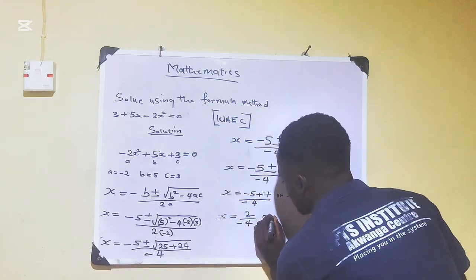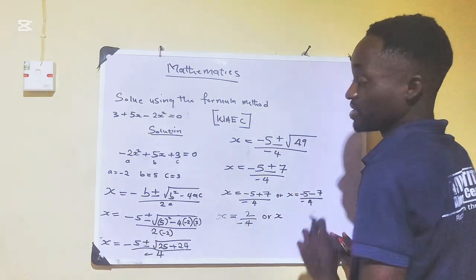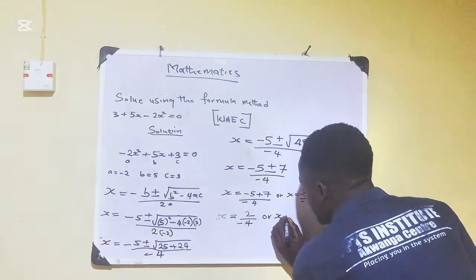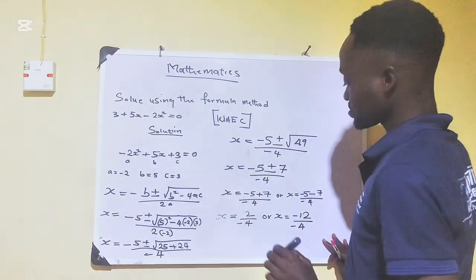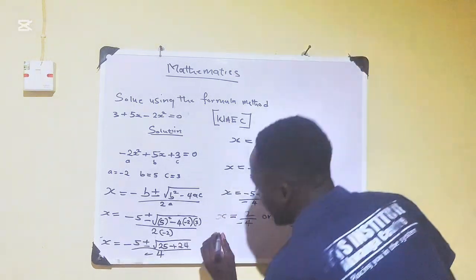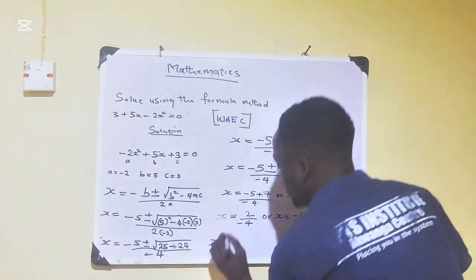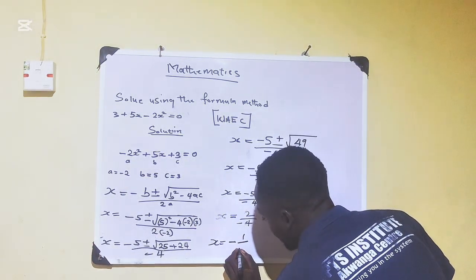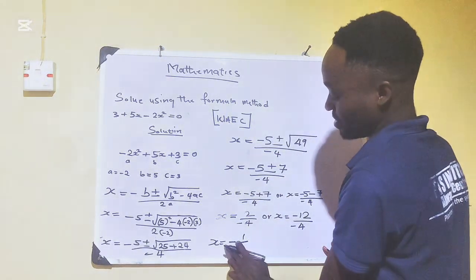Or for this one, x is equal to minus 5 minus 7, which gives us minus 12 all over minus 4. We are going to reduce the first one to its lowest fraction. 2 into 2 is 1, 2 into 4 is 2. So this will become minus because of the minus, 1 over 2. So that's why we have minus 1 over 2.